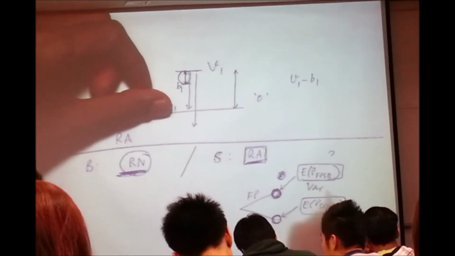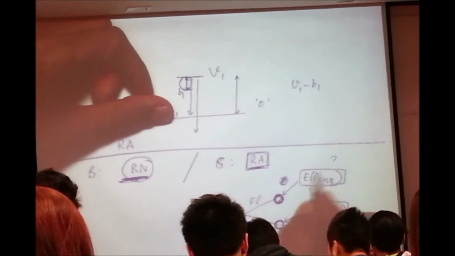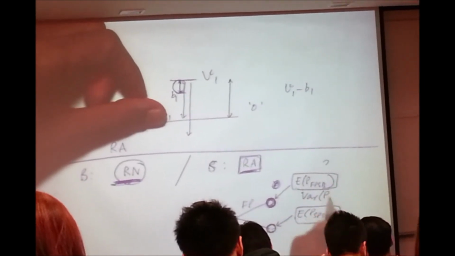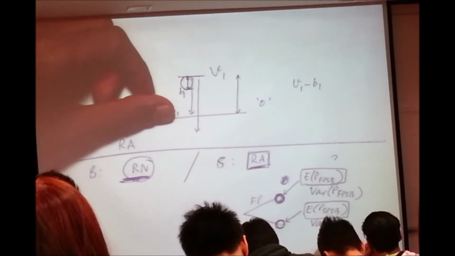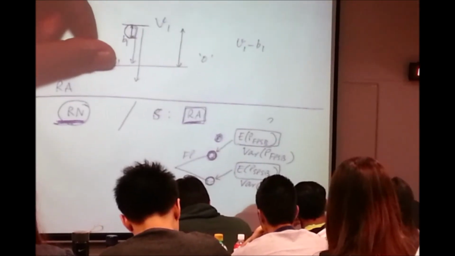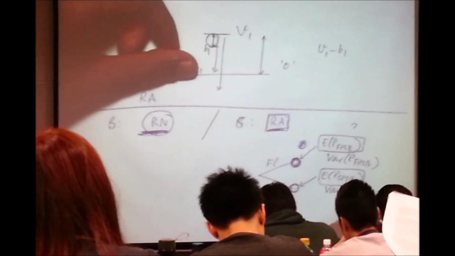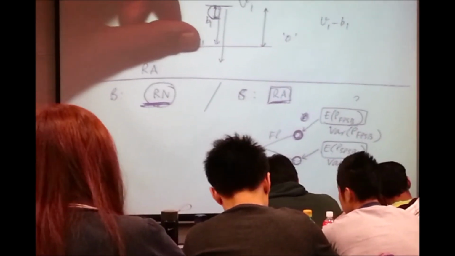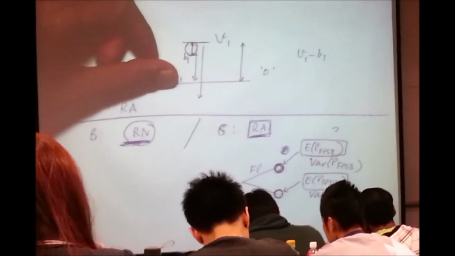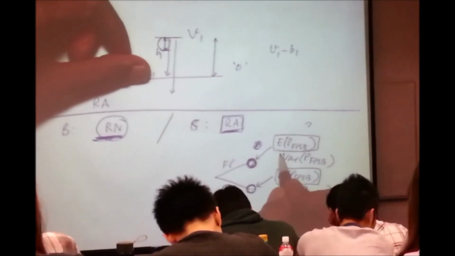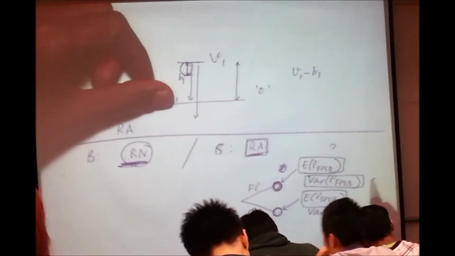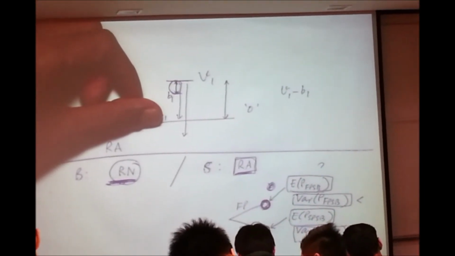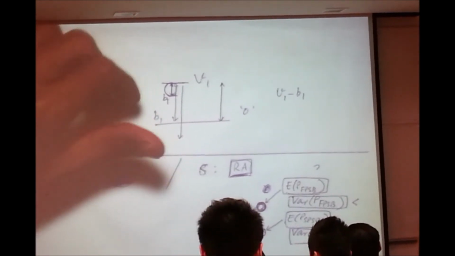By riskiness, I mean variance: the variance of the first price P and the variance of the second price P. Not just the expected payoff, it is also the riskiness of it. I am going to give you the claim and then you tell me which one the seller will prefer. I am telling you that the variance in a first price auction is smaller than the variance in a second price auction. I am just giving you this graph.